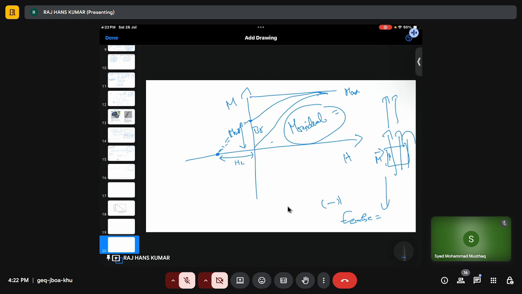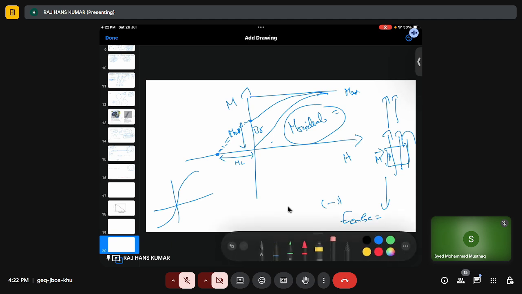Now, for paramagnetic materials, if I remove the magnetic field, this M will go to 0 for a perfectly paramagnetic material. Now, what is happening with superparamagnetism? Let me write it for paramagnetic.